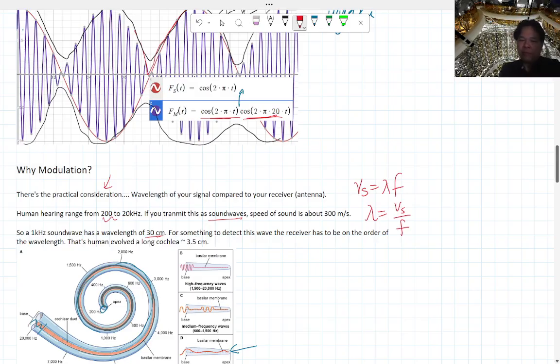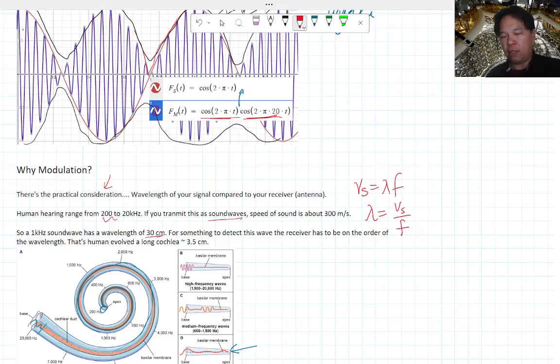And in order to be able to hear the sound wave that you're emitting, the device that you use to listen to it has to be somewhere on the order of that wavelength.